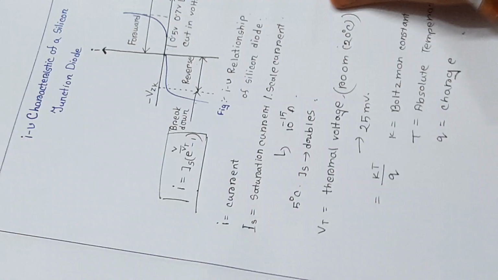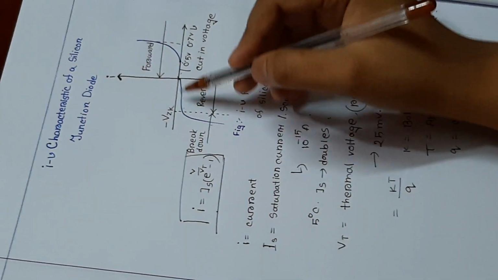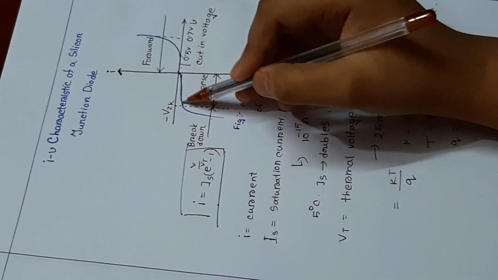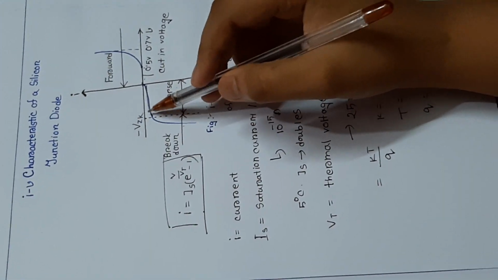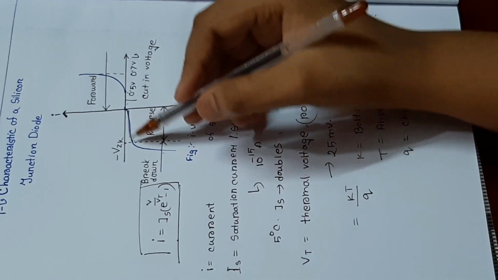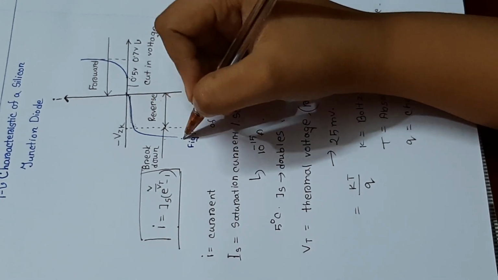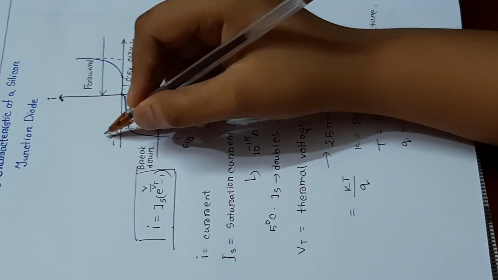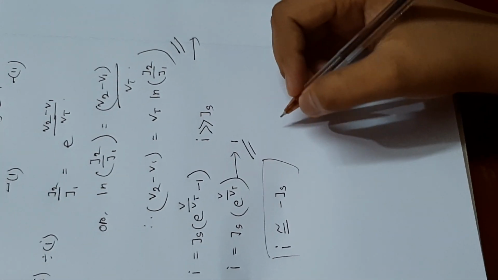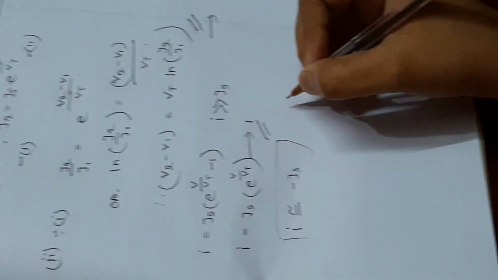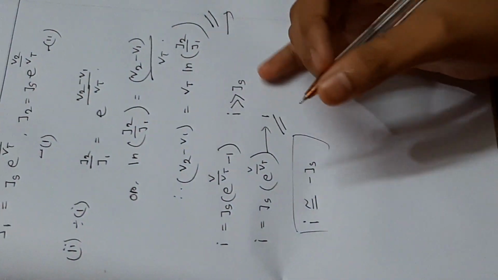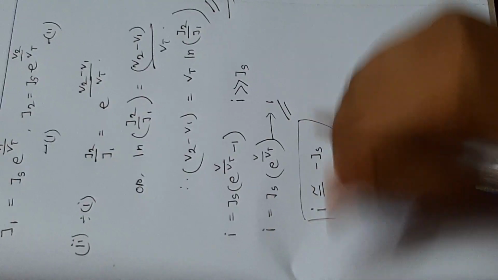That's why we can see that I is approximately constant in this region, but at minus VZK the I increases in the negative direction.